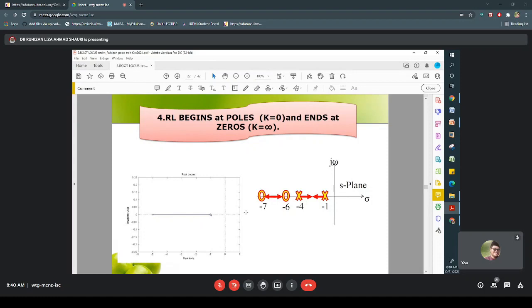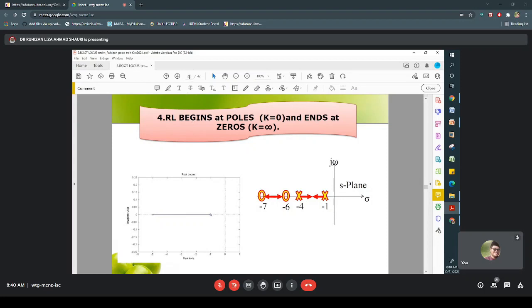So that is what we have been doing. As I told you many times, the direction is that it starts from the pole towards the zero. It means that when it starts at the pole, the K at that time is zero, K equals zero.